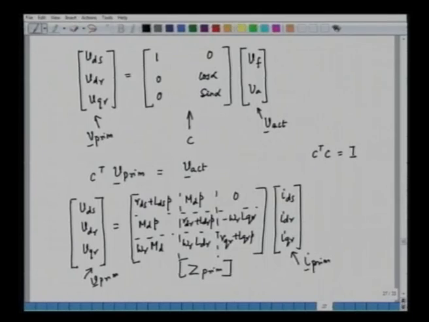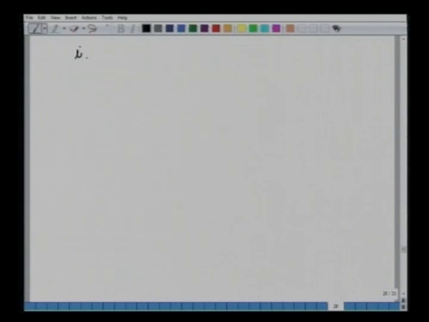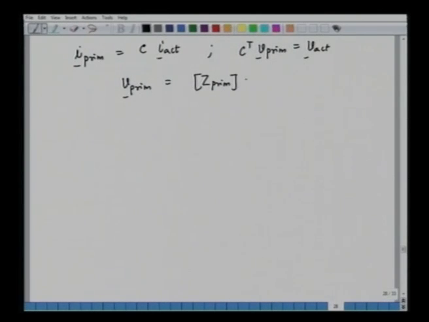So, we have here that I primitive is equal to C into I actual and C transpose V primitive is equal to V actual. And we also have V primitive is equal to Z primitive into I primitive. This we have already derived.